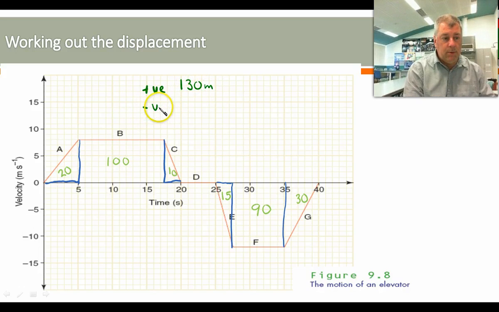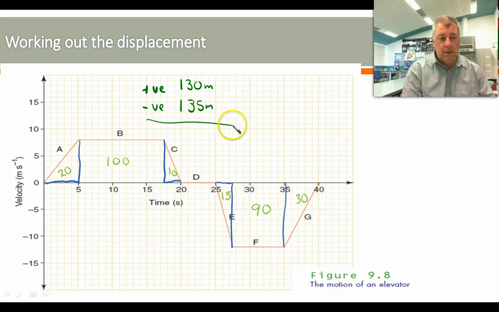Our negative displacement is going to be 120 plus 15, which is 135. Okay, so that means, now if we put a negative there and we add them together, so 130 plus minus 135, we get minus 5 meters.